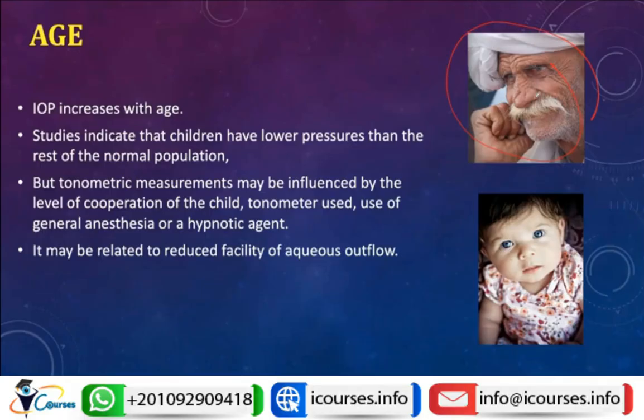So this is one of the commonest causes of why the intraocular pressure increases with age. In case of children, the child is not cooperative, so the child may squeeze his eyes, causing a false overestimation of the intraocular pressure.